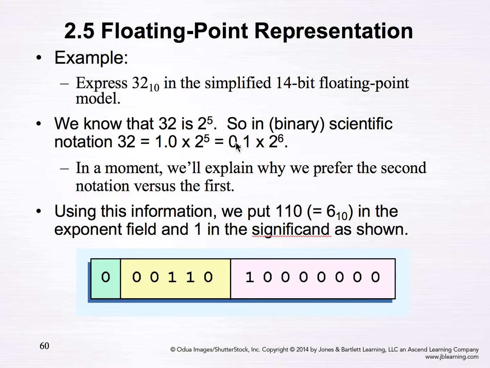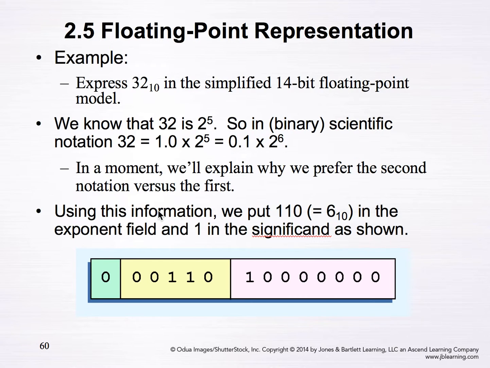So 0.1 times 2 power 5, so equal to 0.1 times 2 power 6. And later on, just a moment, we will explain why we prefer this kind of representation over the first representation here. Despite them representing the same number, we are going to prefer this one, the standard one.